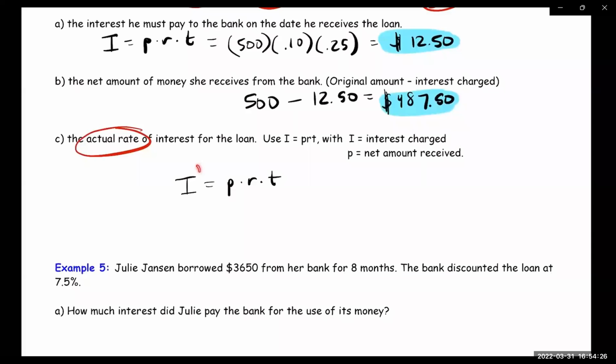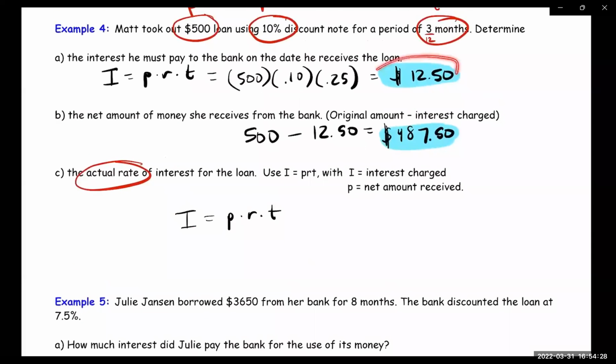And the interest, we know, is $12.50. The principal is $487.50. The interest rate, we don't know. That's what we're looking for, the actual rate. And the time is the same time, 0.25.